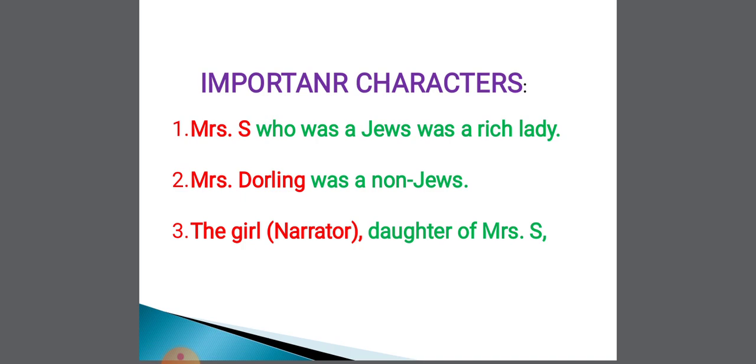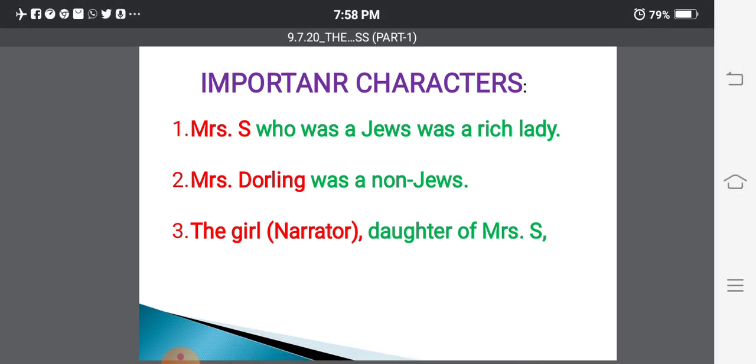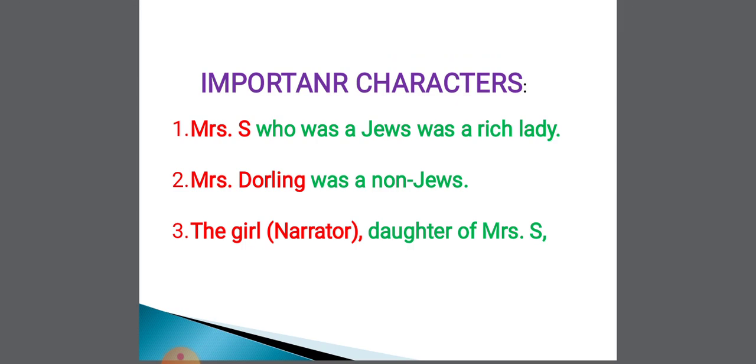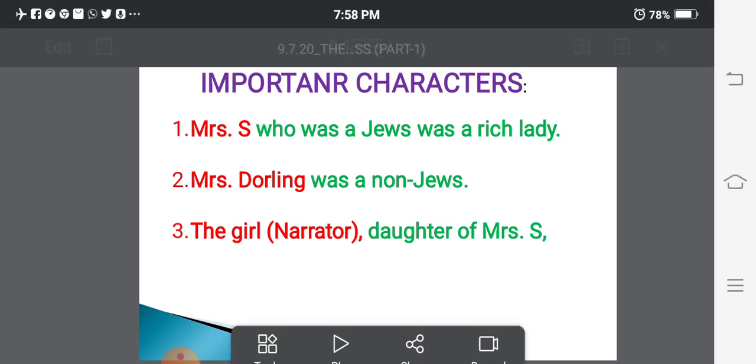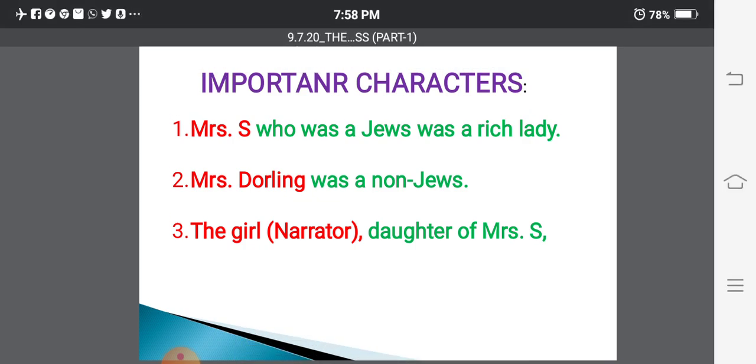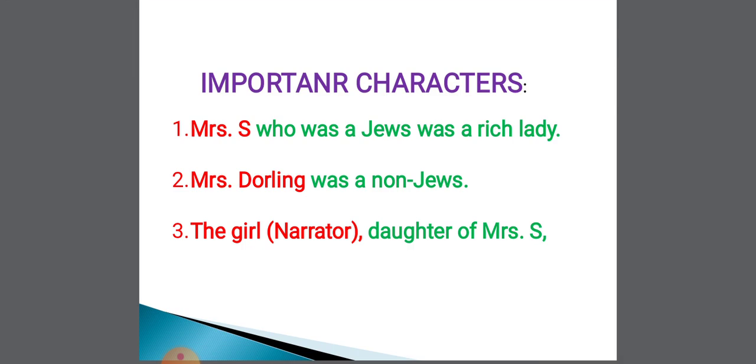And during that time, Mrs. Darling, who was an old acquaintance of Mrs. S, wanted to take advantage of the whole situation, as she knew that the Jews were going to leave their house and property. So, on the pretext of being an old acquaintance of Mrs. S, she assured Mrs. S that her belongings would be kept in safe custody with her till everything becomes normal.